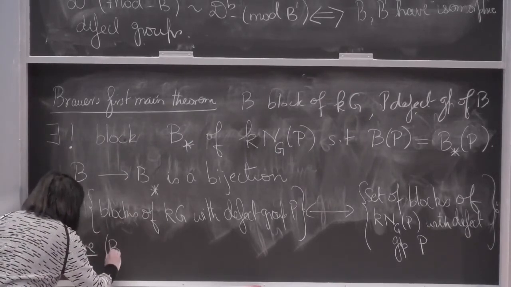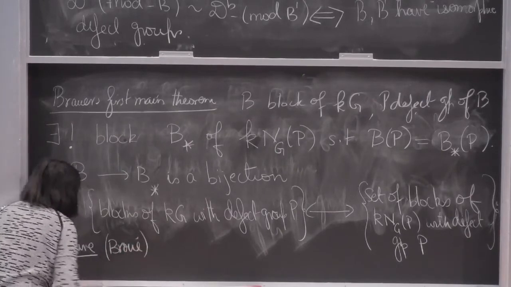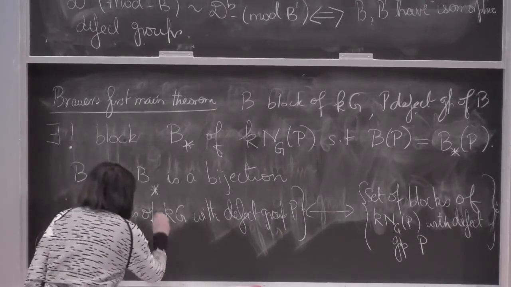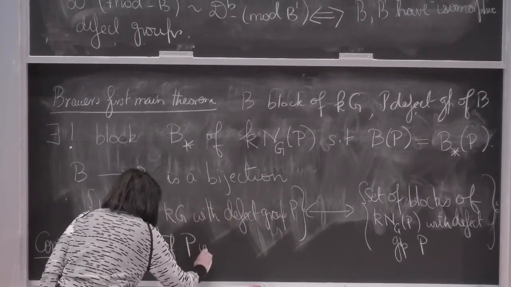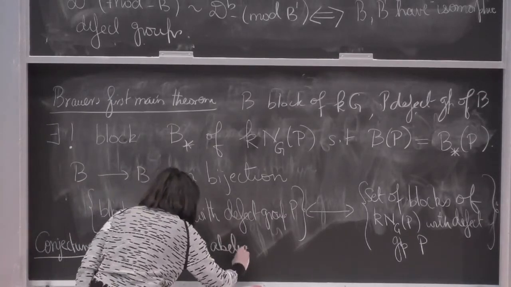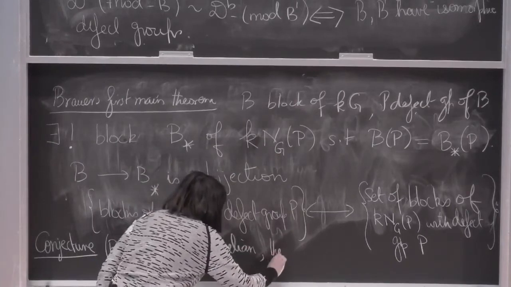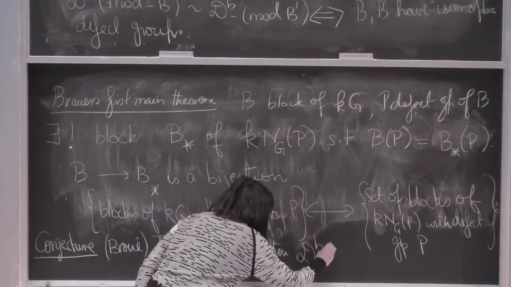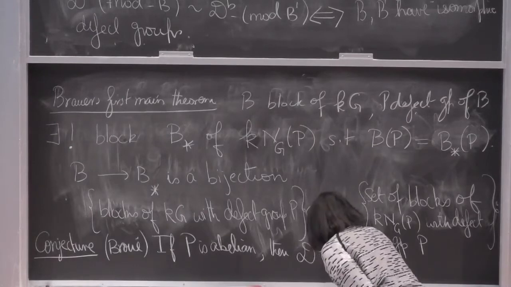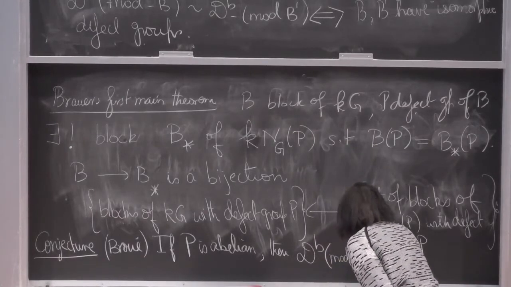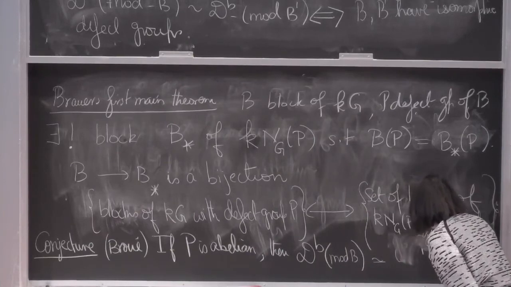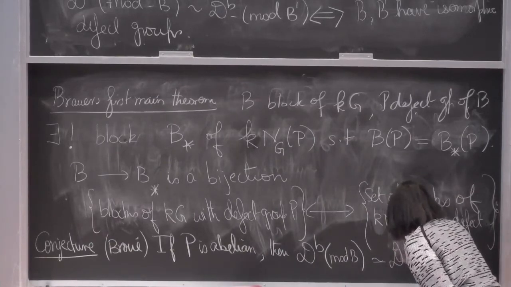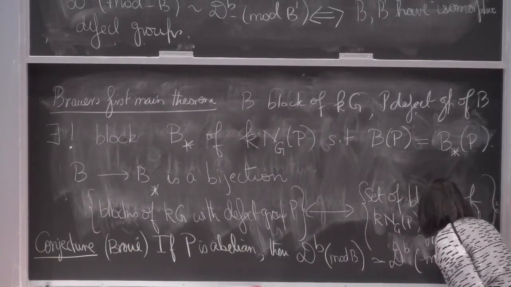This is Brauer's abelian defect group conjecture, which says that if B and B star are as above, if P is abelian, then the derived category D^b of mod B is the same as D^b of mod B star.